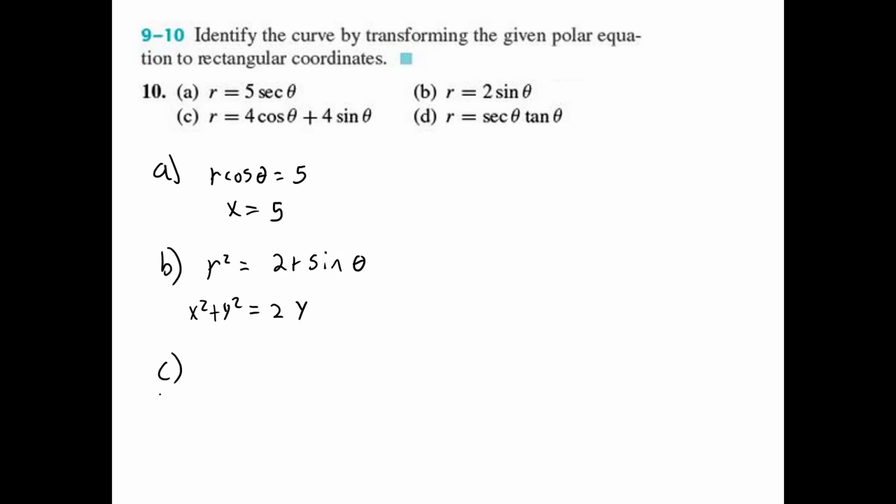For C, again, we can multiply both sides by r. I know to do that so that I can use my r cosine theta, replace it with x, my r sine theta, replace it with y. But I get r squared is equal to 4r cosine theta plus 4r sine theta.